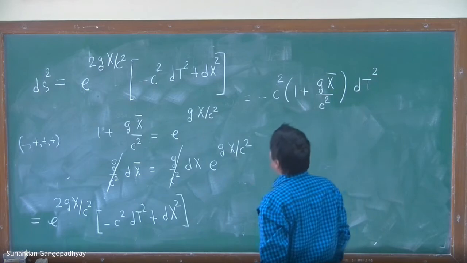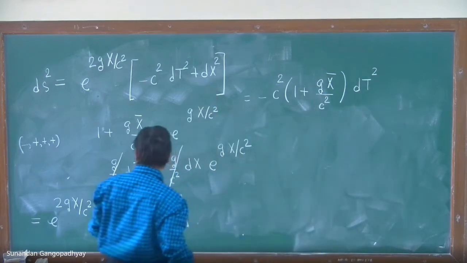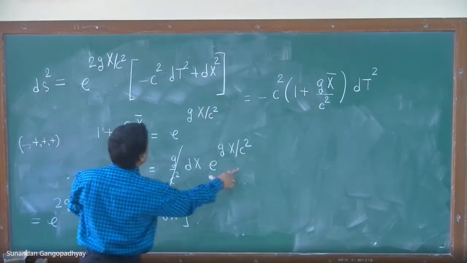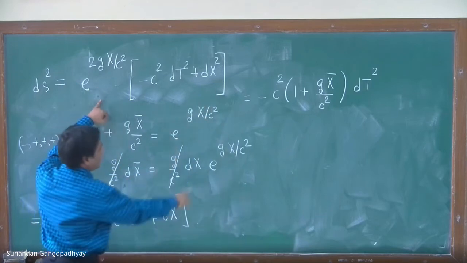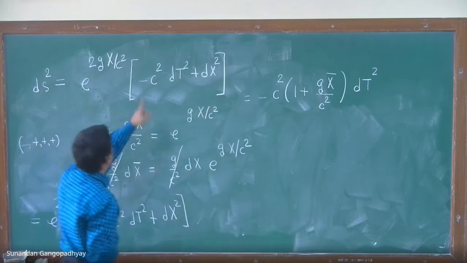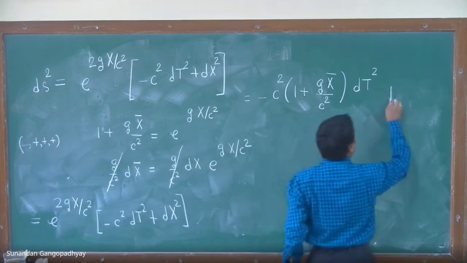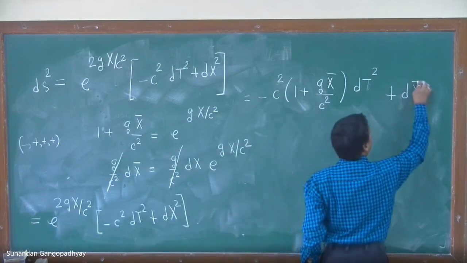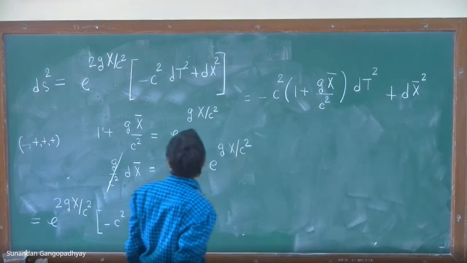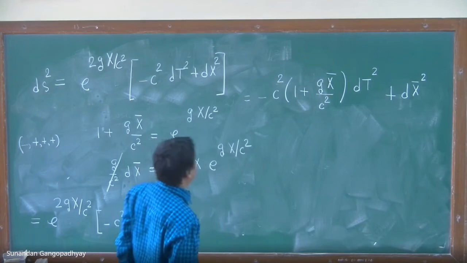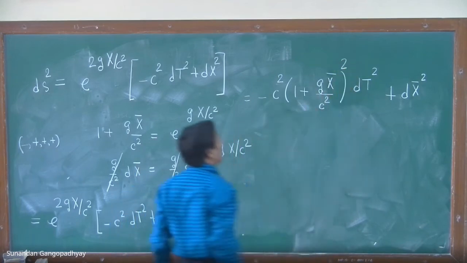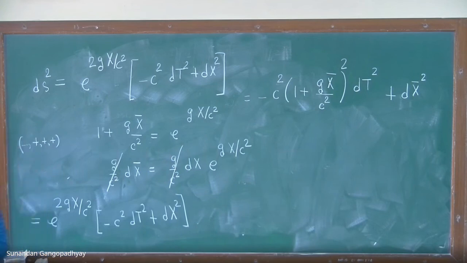That is done. And what we have found out is that dx multiplied by this thing is dx bar. So there will be a square in the first one. There will be a square, 1 plus g square. Very good.